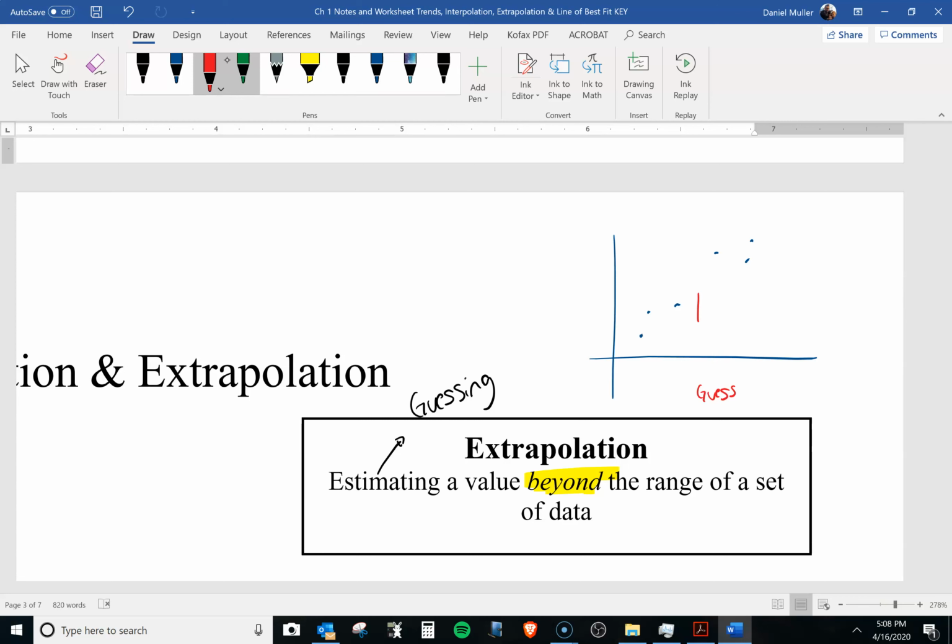There's this kind of hole here. So we want to guess what is going on in between there, and that's called interpolation. I don't know if I spelled that right. But we also might want to guess what is going on way out over here, beyond. So this is going to be our guess for extrapolation.